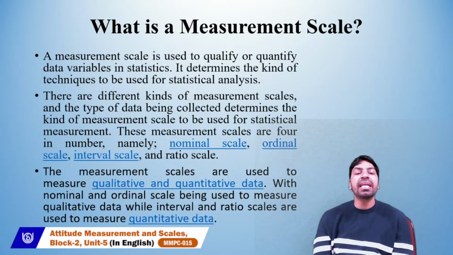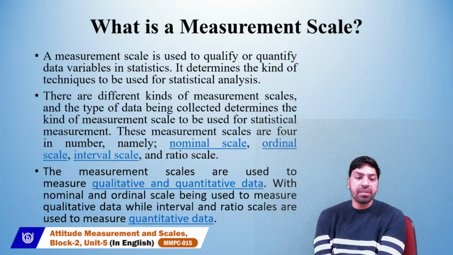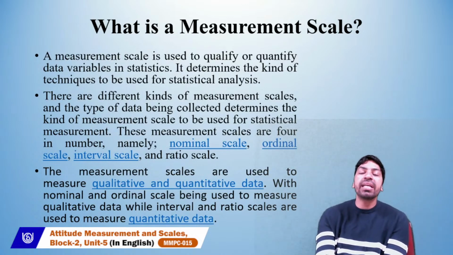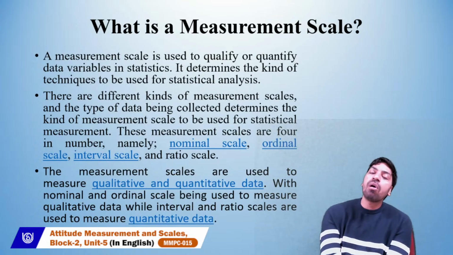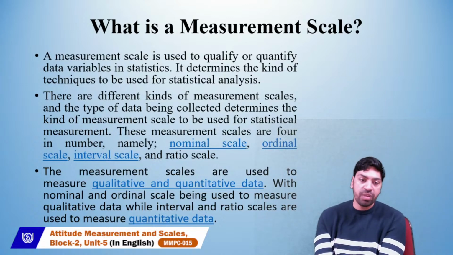Such measurement scales are used to measure qualitative data or quantitative data. Quantitative data always shows numerical facts and figures, but qualitative data talks about the characteristics of an individual.